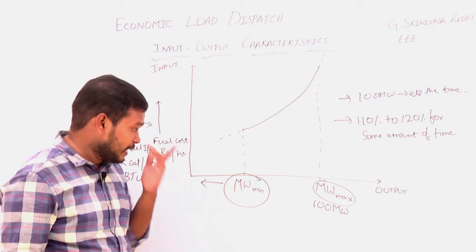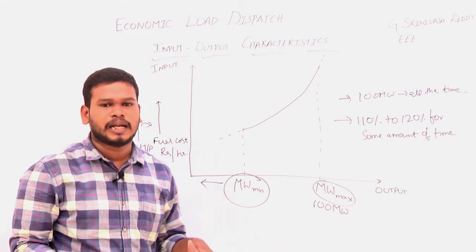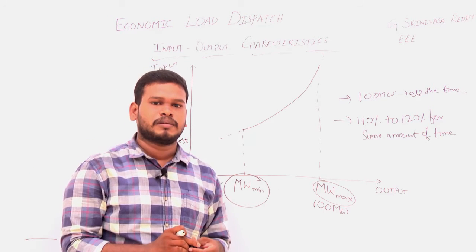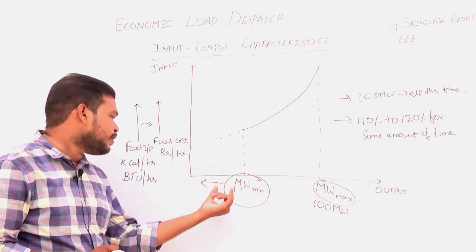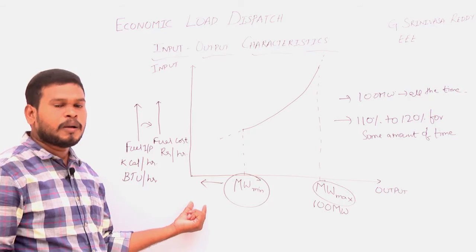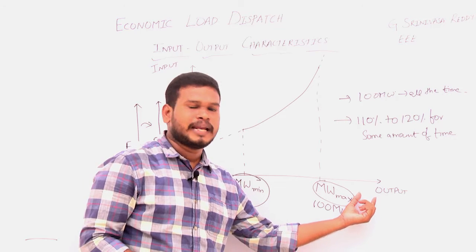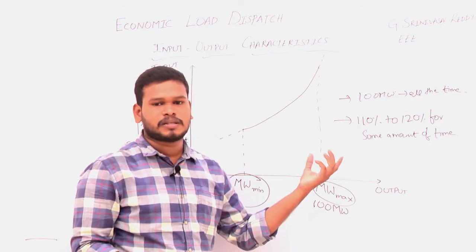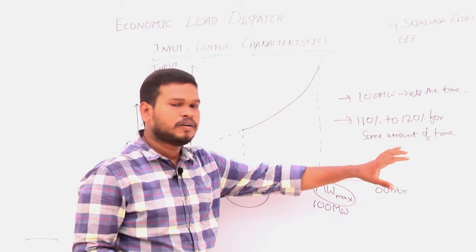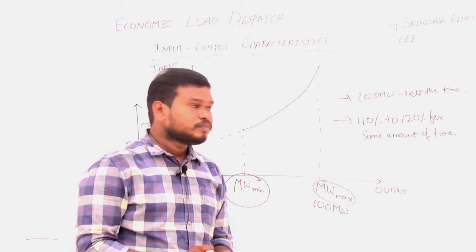These are the megawatt minimum and megawatt maximum limits that an alternator can generate in a thermal power station. It is not feasible to generate power below the megawatt minimum, but for some time you can generate power greater than its maximum limit, only up to 110% or 120%, for some amount of time.